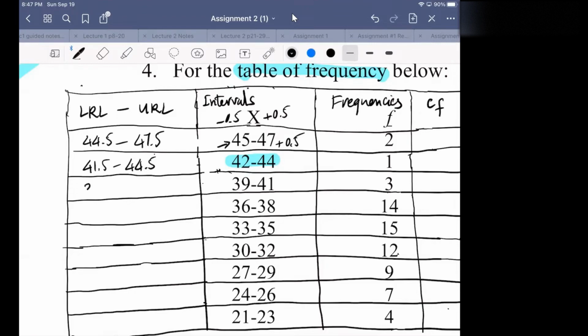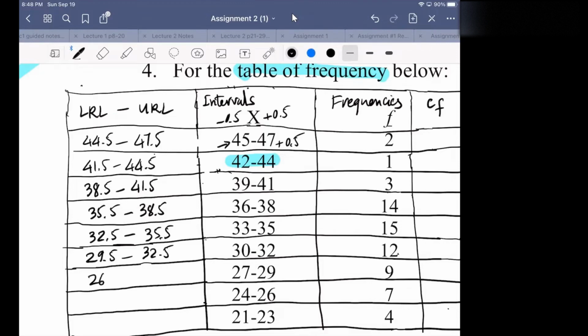So the next limits will be 38.5 to 41.5. The next one will be 35.5 to 38.5. The next one will be 32.5 to 35.5. And then 29.5 to 32.5.